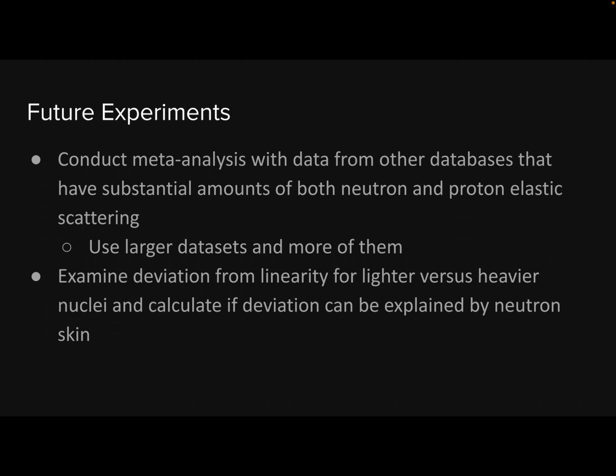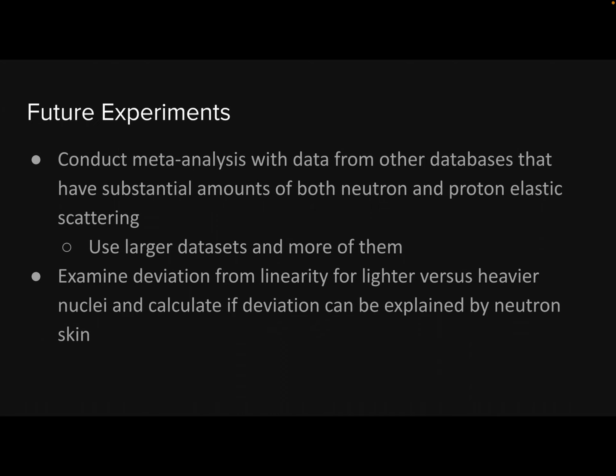Some future experiments that we can conduct to expand upon our findings: we can conduct a meta-analysis of data from other databases, not just the very specific subset of National Nuclear Data Center data I took from their X4 data. We can take from other databases that have substantial amounts of both neutron and proton elastic scattering data, and use larger data sets and more of them.